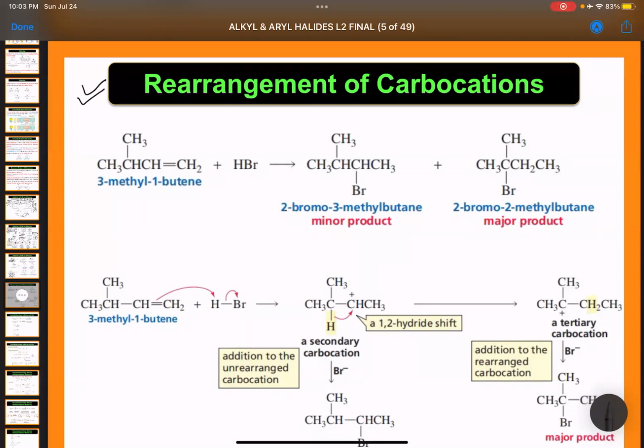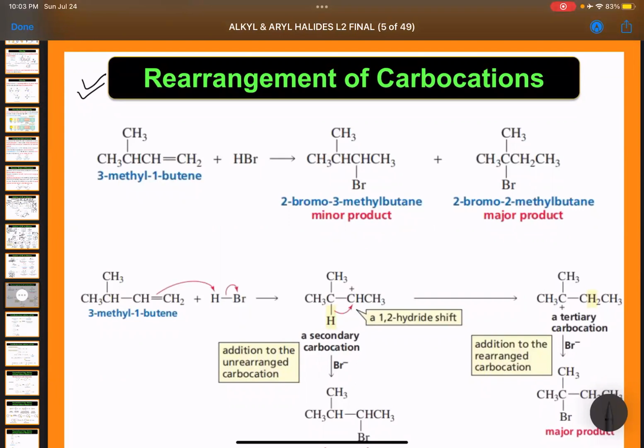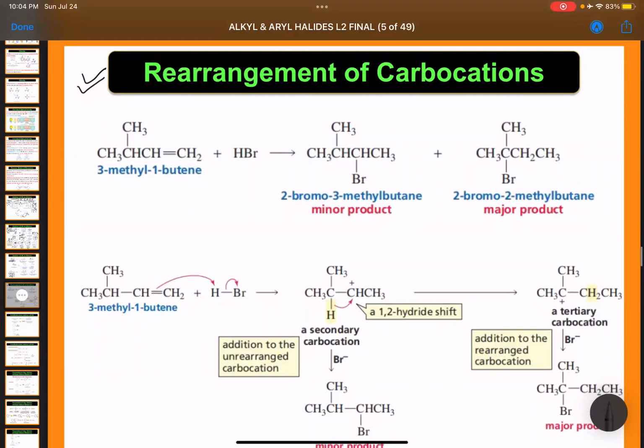So always, always, always, you need to check the rearrangement of carbocations, whether the carbocation can become more stable by moving onto the adjacent carbon. If yes, you need to shift that carbocation, and then the final group like Br minus or I minus will be attached only to the more stable cation formed after shifting.